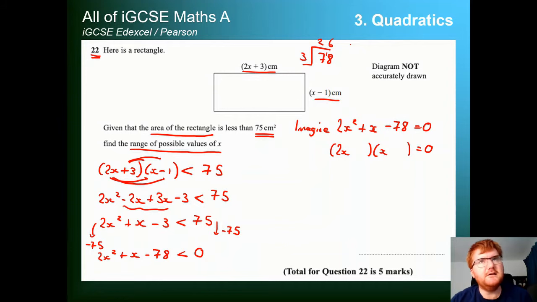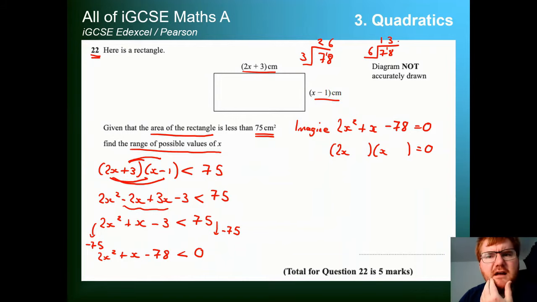Now if 3 goes in and 2 goes in, then we know that 6 goes in as well. So we can also divide through by 6. So we get 1, and 13. And looking at these numbers and going, 13 and 6, they're quite close together. 8 doesn't go in, so these are probably quite likely to be the numbers we're looking for.